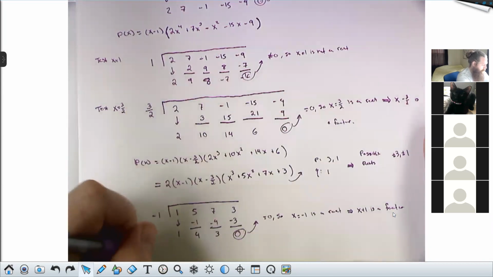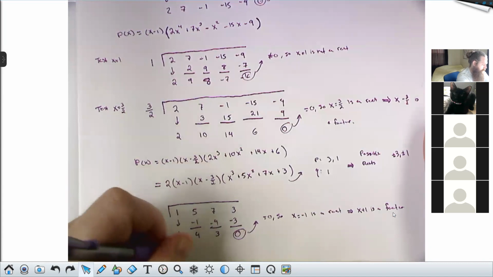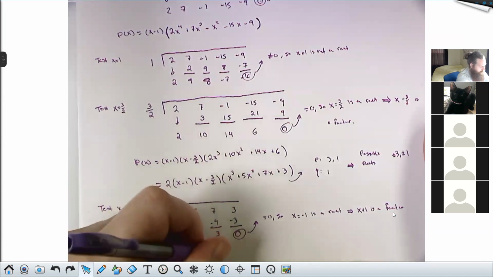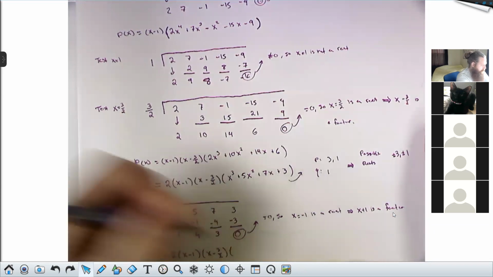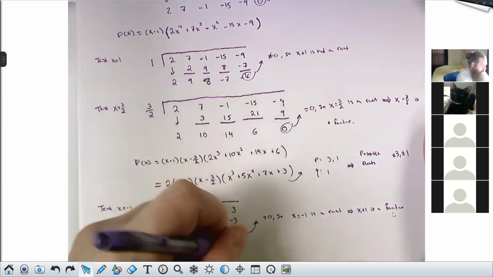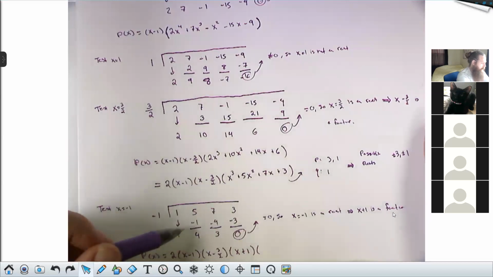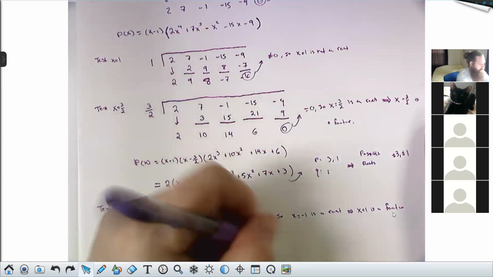And I can update P of x. I now know P of x is 2 times x minus 1 times x minus 3/2 times x plus 1 times x squared plus 4x plus 3.